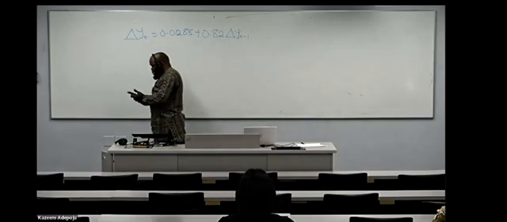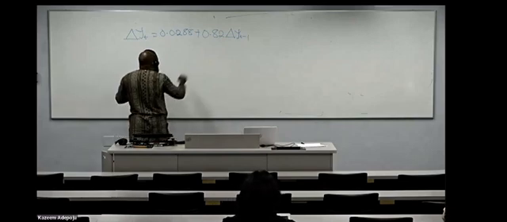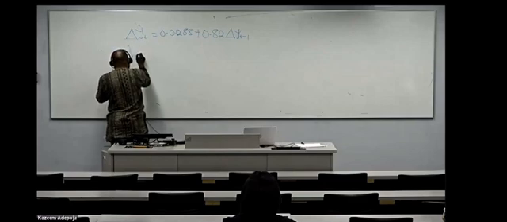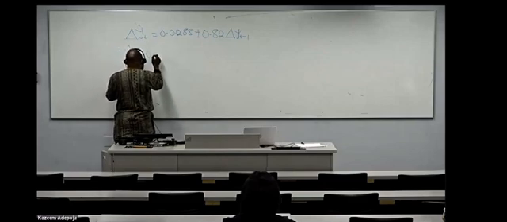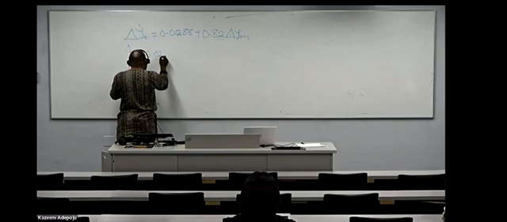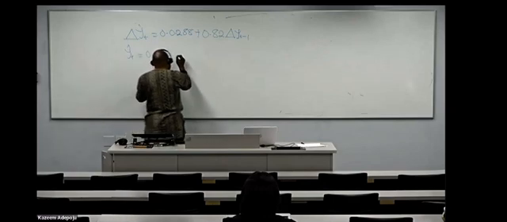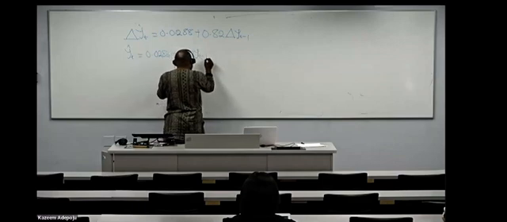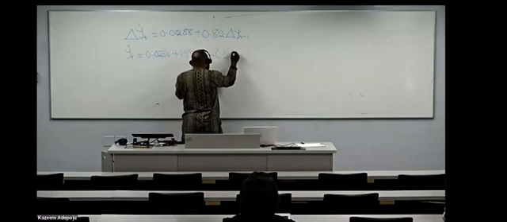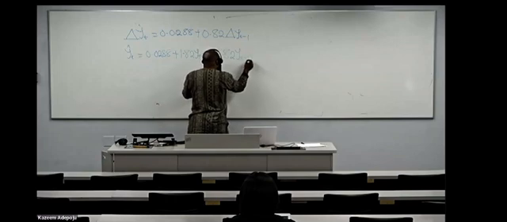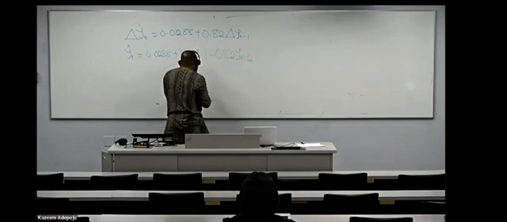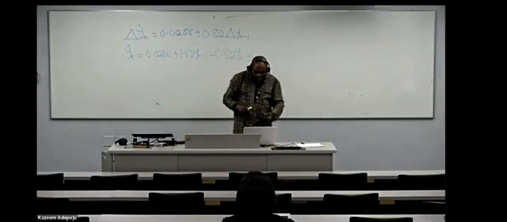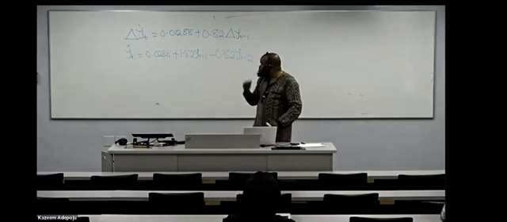Now I want to show you that this is also going to be 0.0288 plus 1.82 YT minus 1 minus 0.82 YT minus 2. So that is what I basically want to show you now.